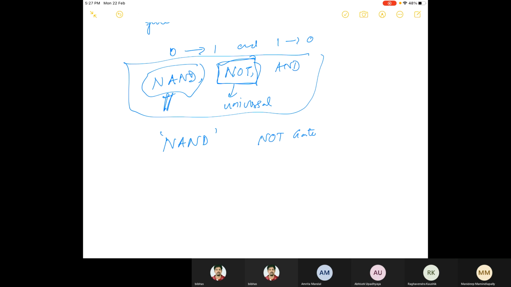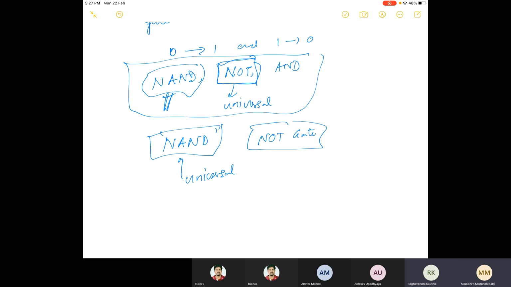For example, if I can implement a NAND using just the NOT gate, since I know NAND is universal, then I can also say that the NOT gate is universal. That's the logic.